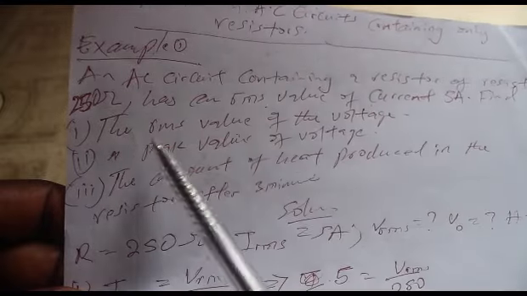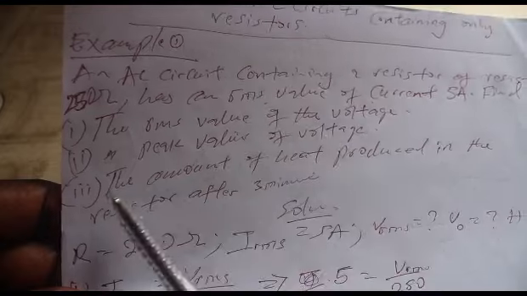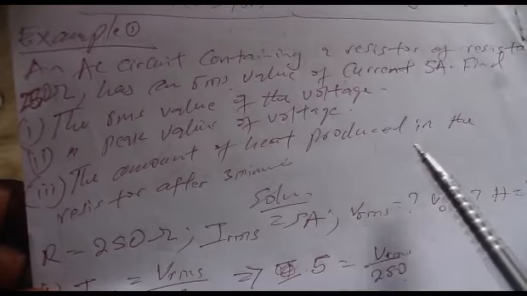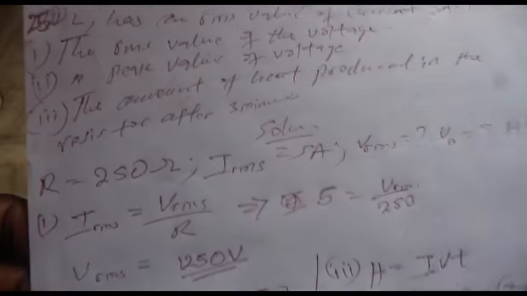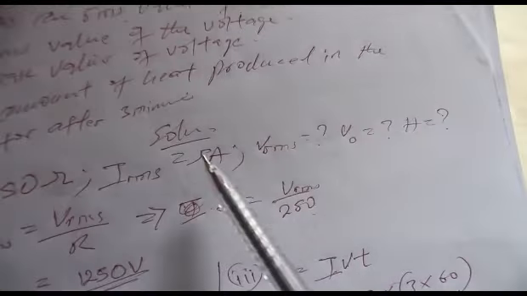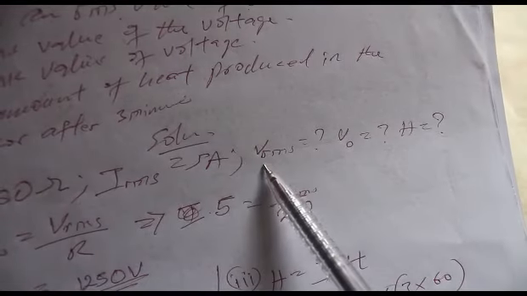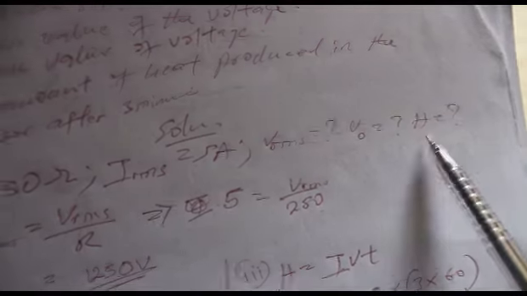Find 1, the RMS value of the voltage, 2, the peak value of the voltage, 3, the amount of heat produced in the resistor after 3 minutes. These are all the quantities given in the question, and the things you were asked to look for are the RMS value of voltage, the peak value of the voltage, and the amount of heat produced.